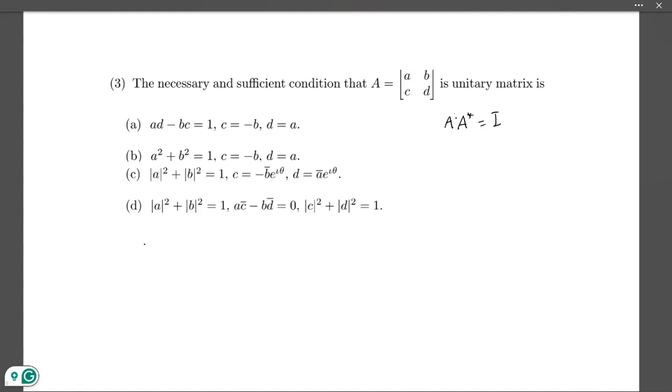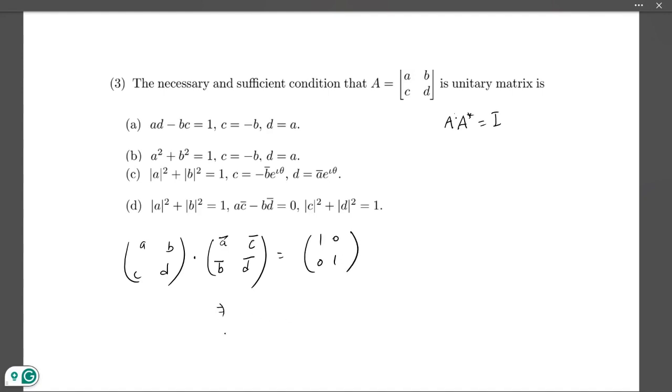For this, let's write what is A: A, B, C, D. What is A star? The first row becomes the first column, the second row becomes the second column, and then everywhere you should put a bar because we are taking the adjoint, is equal to 1, 0, 0, 1.